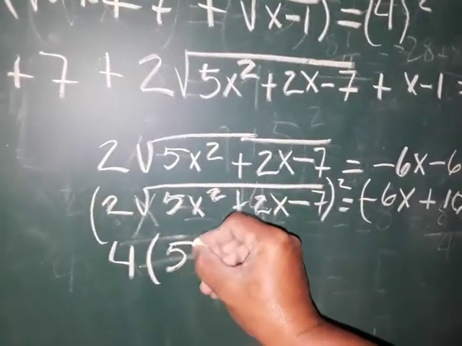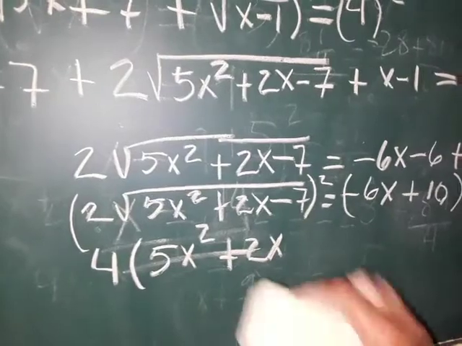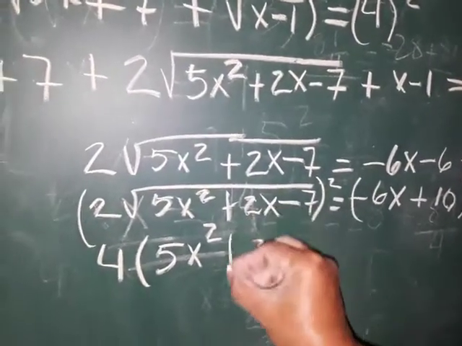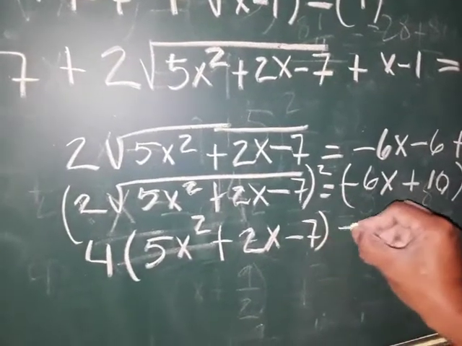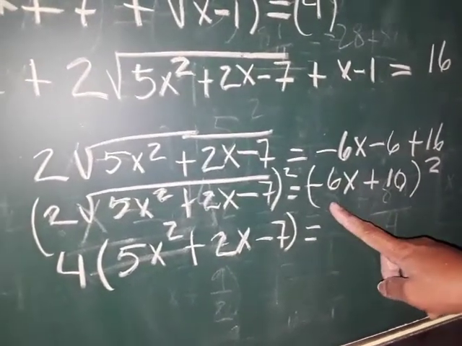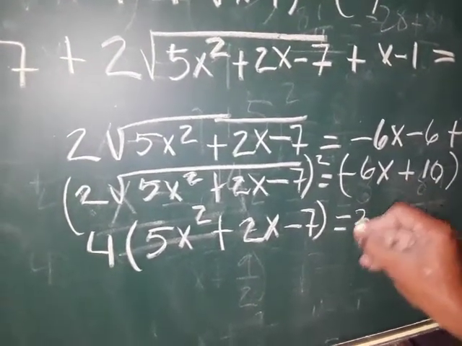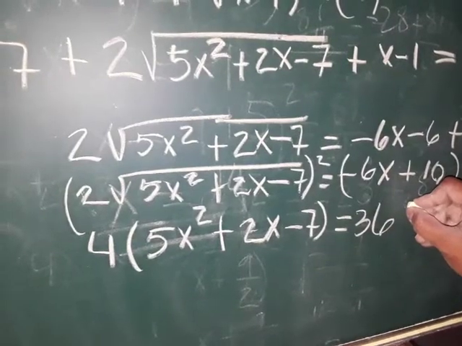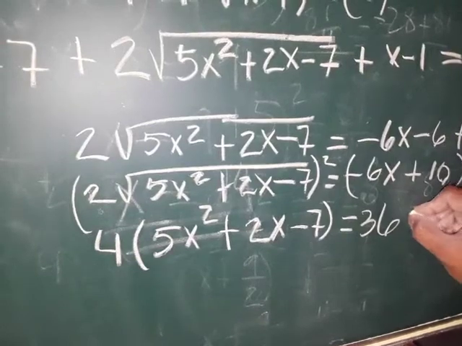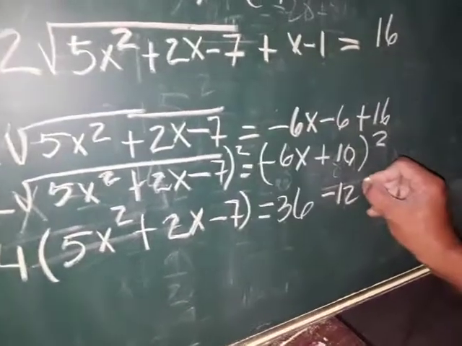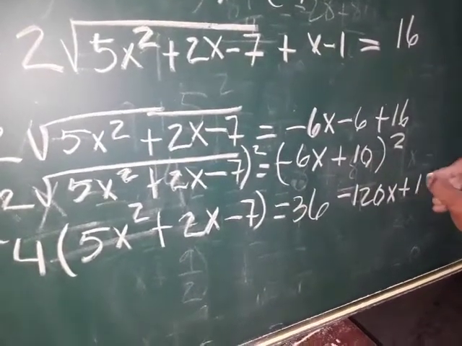So we have 5x squared plus 2x minus 7 is equal to square the first. So we have positive 36. Then, twice the product of the first term and the second term, we have negative 120x, plus, square the last, we have 100.